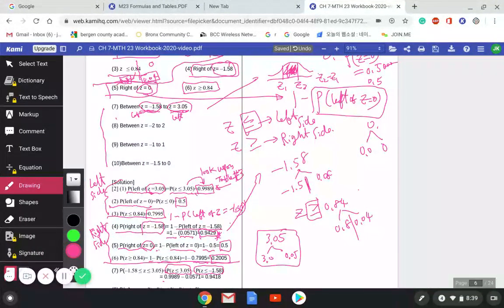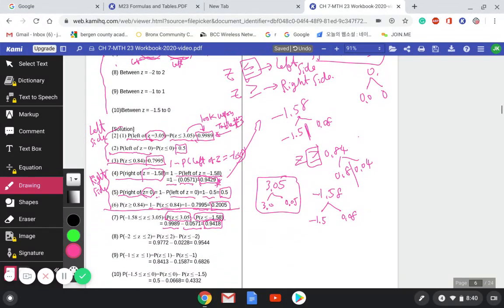So you write 0.9989, and then for the probability of negative 1.58, that becomes negative 1.5 with 0.08. If you go back and look at the table, you will get 0.071. So the difference between these two numbers, the final probability of the area between these two values, is 0.9418.